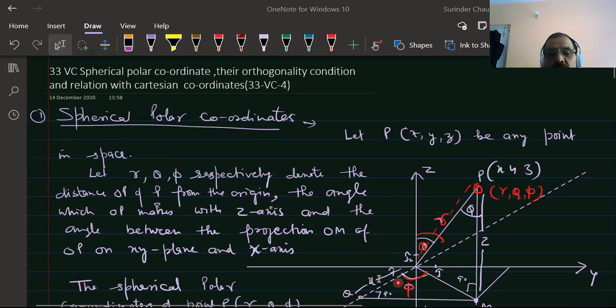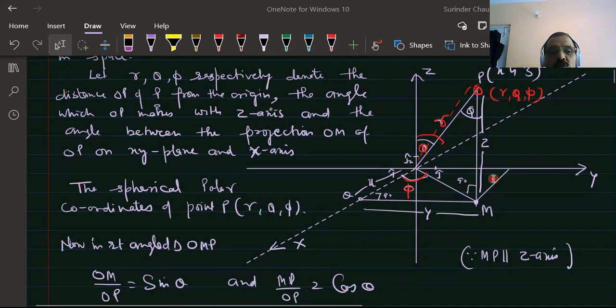This is the azimuthal angle. These r, theta, phi are called the spherical coordinates of the point P.